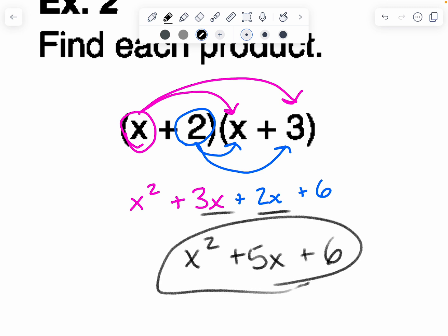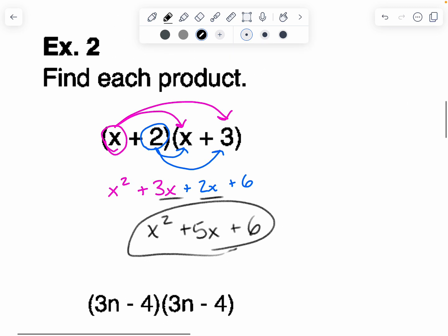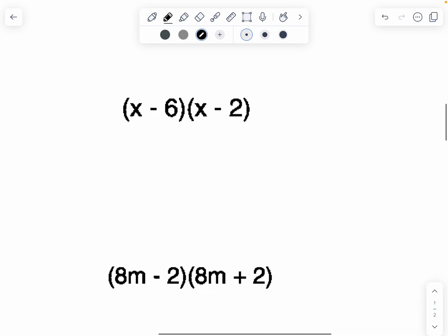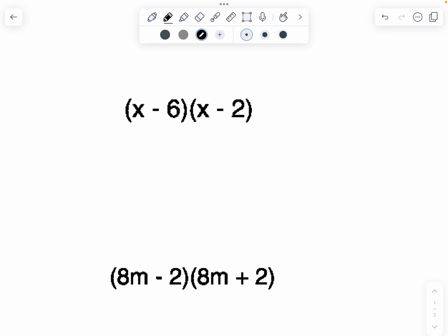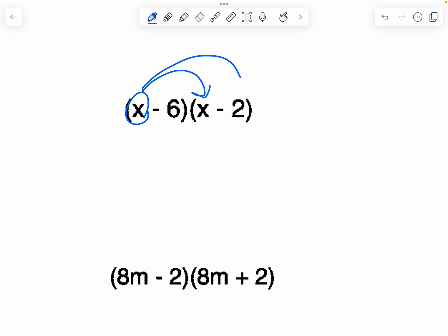So we're taking what we did in class the last 2 days and just adding a step to the first part of it. So again, I have a binomial that I need to distribute. So I'm going to distribute the x first. X times x is x squared. X times -2 is -2x.